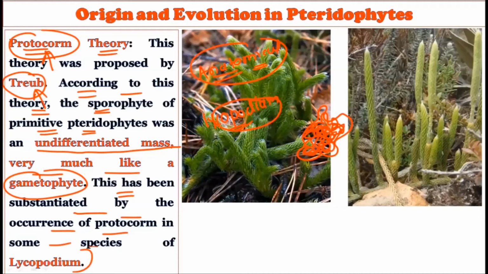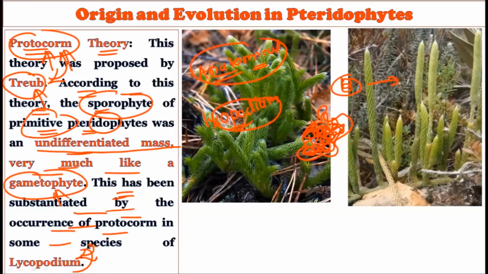So the protocorm structure is coming from the bryophytes to the pteridophytes, and later this protocorm structure is responsible for giving rise to the modern day sporophyte of the pteridophytes. That is, he is saying that the sporophyte of the primitive pteridophyte was like an undifferentiated mass, which is called the protocorm.